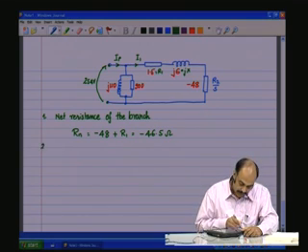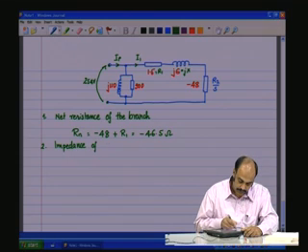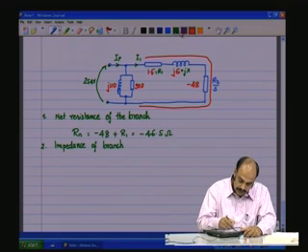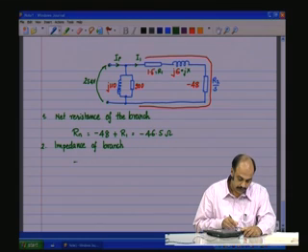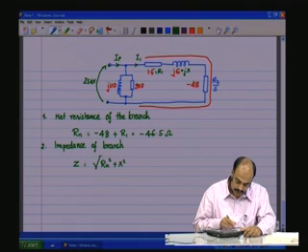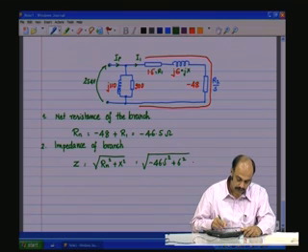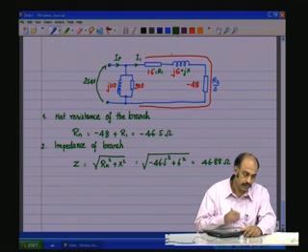Okay, the impedance of the branch, that is, we are talking of this portion, and that is given by Z, which is equal to the square root of Rn squared plus X squared, and that is equal to the square root of minus 46.5 squared plus 6 squared, and that will be equal to 46.88 ohms, the impedance of the branch.